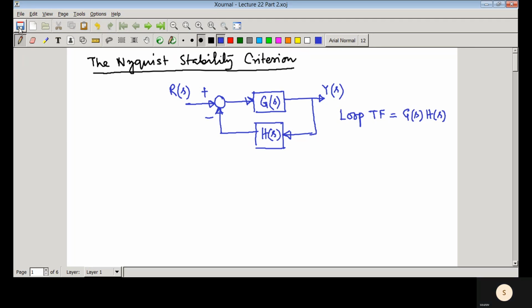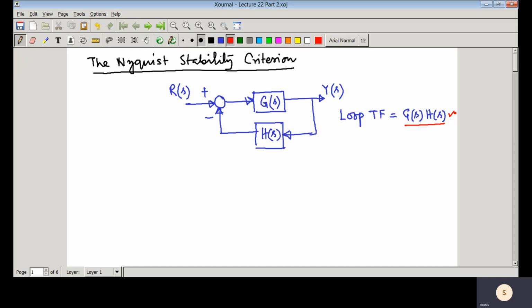Whenever a loop transfer function is given, that is G of S and H of S, from this loop transfer function we can have the pole locations. We can have the information about the poles of this loop transfer function.